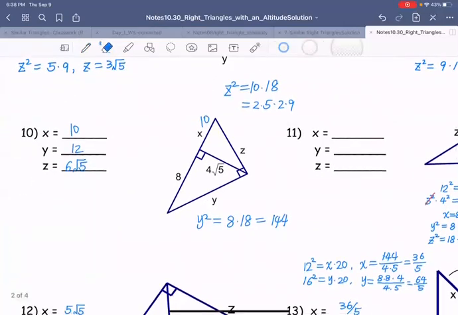Now, Valerio, let's do number 10. Go ahead.